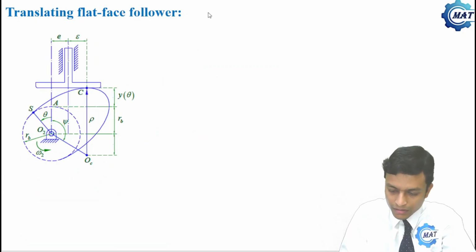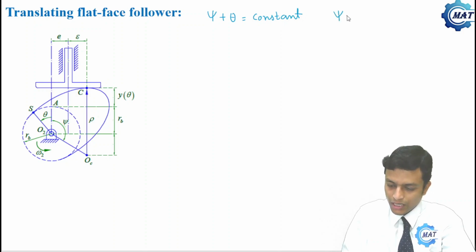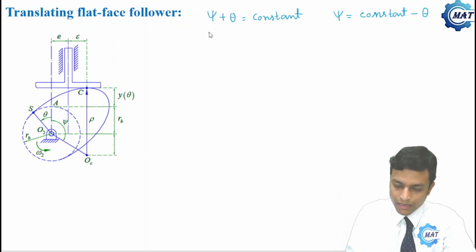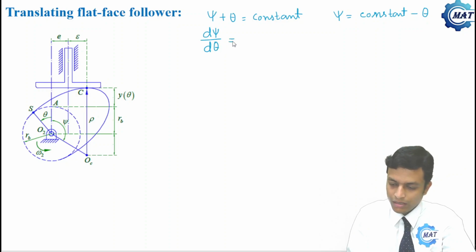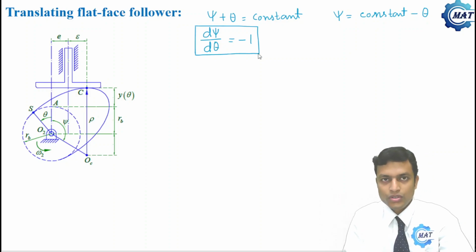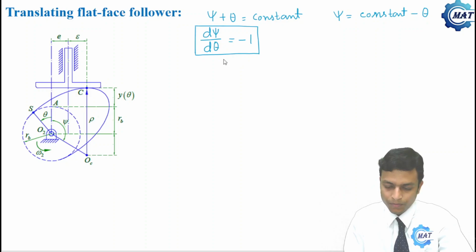So psi equals a constant minus theta, that is, d psi by d theta is equal to minus 1.